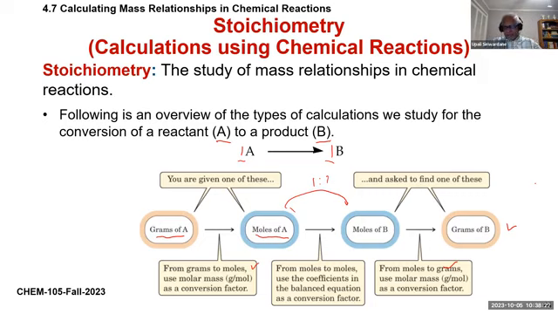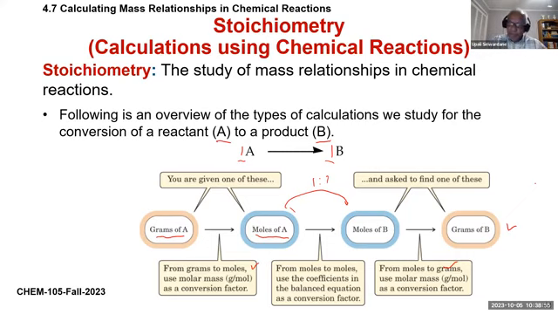Then how much of a particular product is formed. So you have to give that in grams. You start with grams, convert it to moles of the formula, then through the chemical equation, use the stoichiometric coefficient to convert moles of a certain amount of compound to another compound.